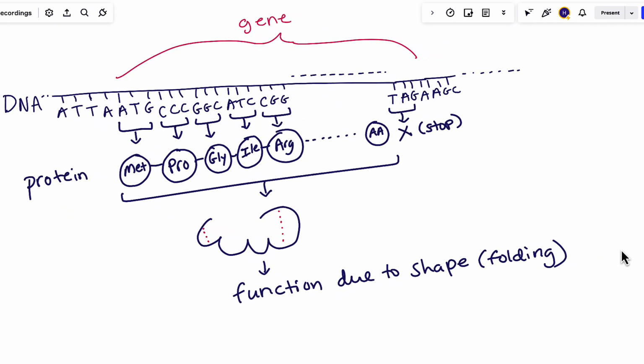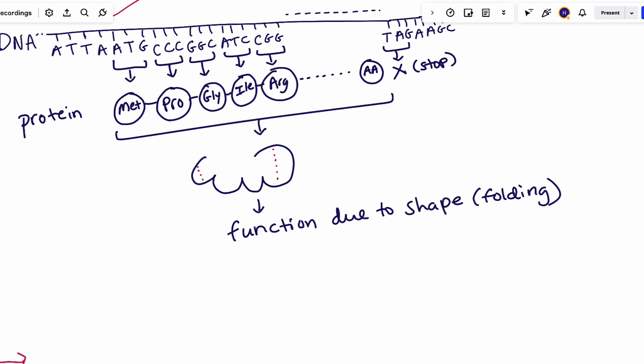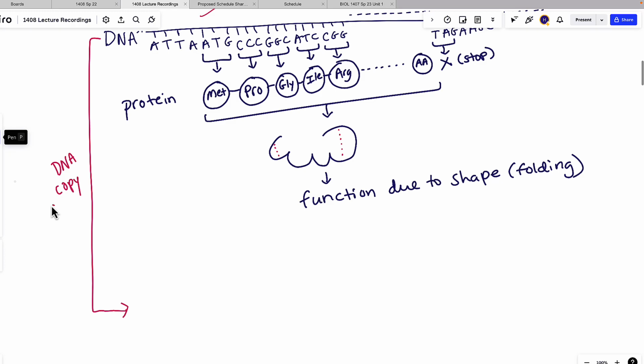Okay. Now let's say this DNA is copied, because remember, before we divide a cell, we've got to copy the DNA in order to have enough to make 2 cells. So this is the DNA copy for the new cell.